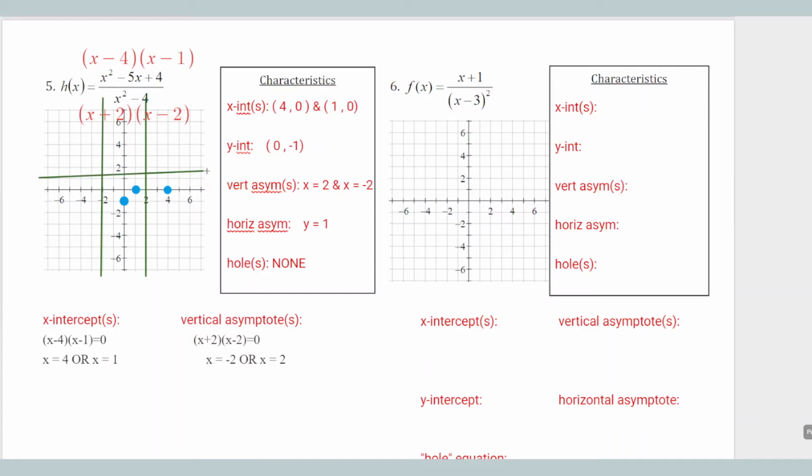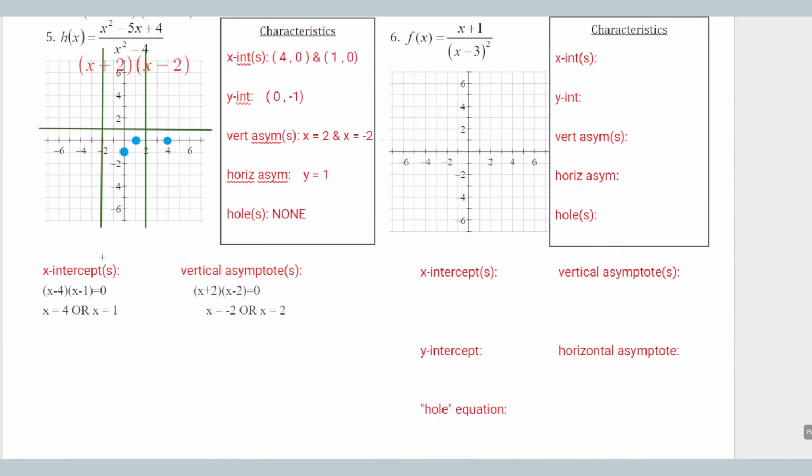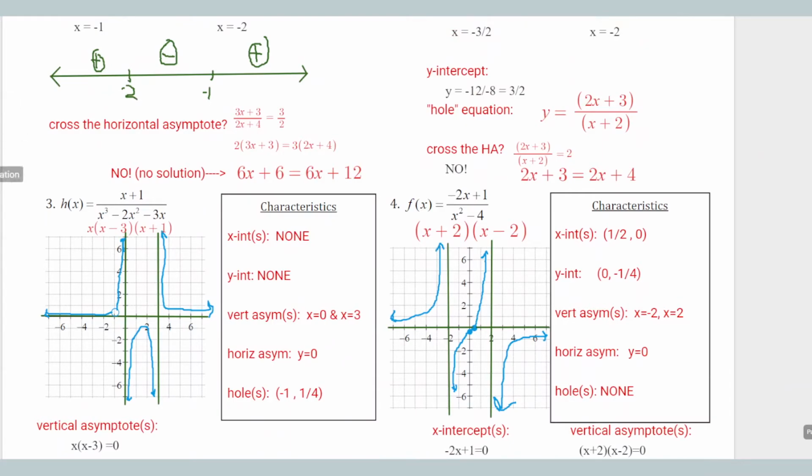And now I've got a lot going on here with my graph. I do need to check and make sure to see whether or not I'm crossing the, I'm sorry, not the x-axis, but crossing the horizontal asymptote.